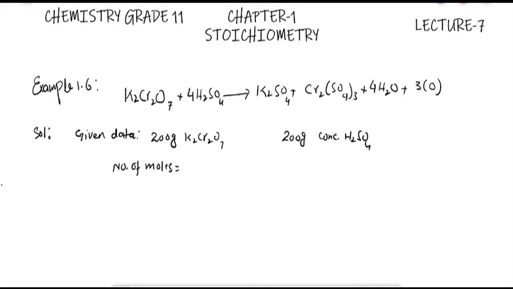So the number of moles of potassium dichromate would be the mass in grams, that is 200, divided by the molar mass. If you calculate the molar mass of potassium dichromate, taking into account the atomic masses of potassium, chromium, and oxygen, it is equal to 294 grams per mole.